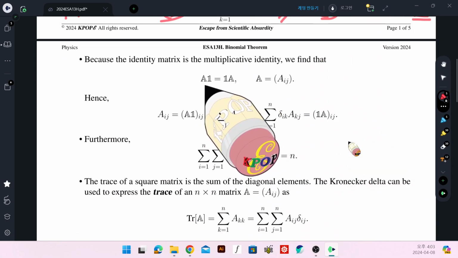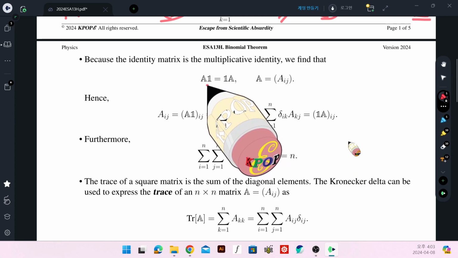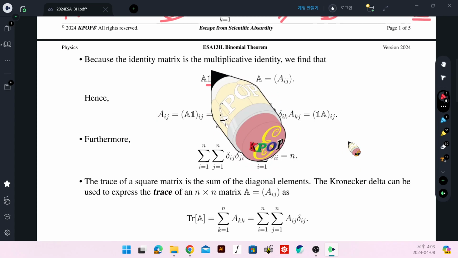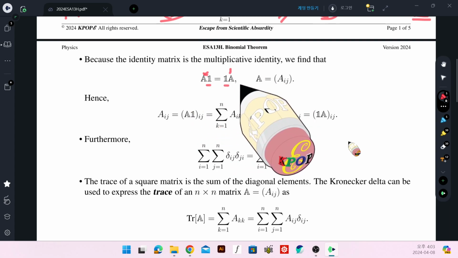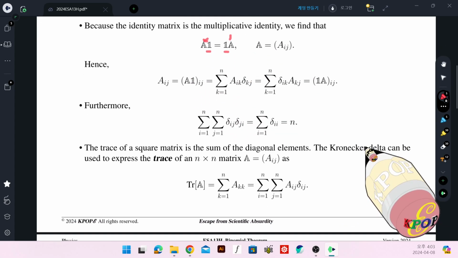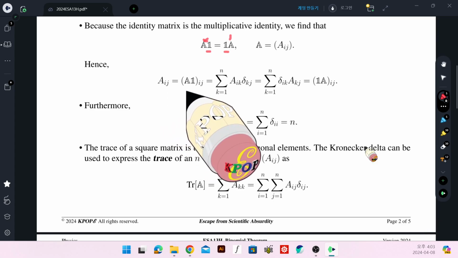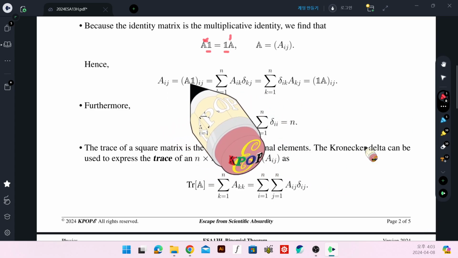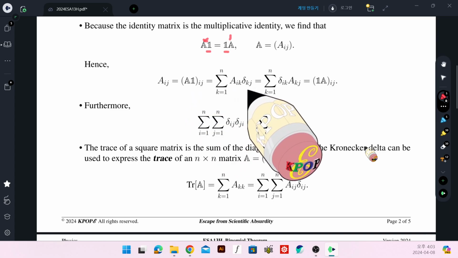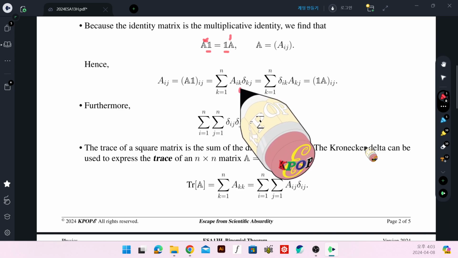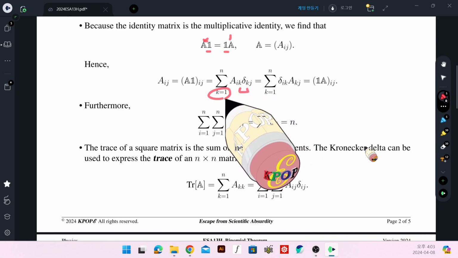In a similar manner, I can multiply the identity matrix to the right and to the left of an arbitrary matrix. Therefore, if I compute A times identity, that is a_ik delta kj, sum over k from 1 to n.